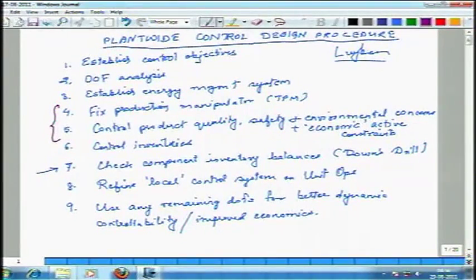Fix production manipulator, throughput manipulator. What is a good choice for a throughput manipulator? I am saying a manipulated variable that becomes saturated should not be used for control. The one that becomes active first. Active first or last? First. Last.